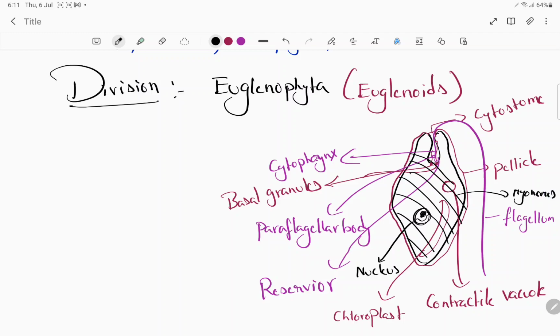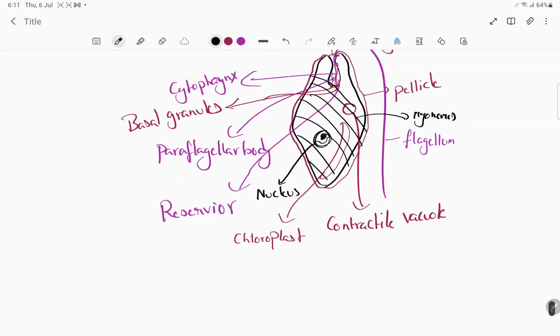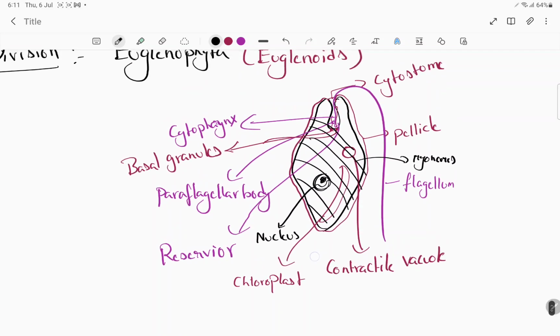So these are the things present in Euglena. These are flagellated protists. This includes Euglena, unicellular organisms.